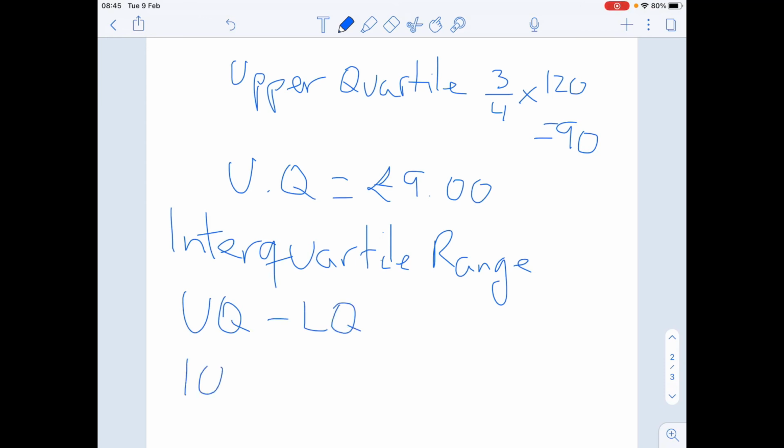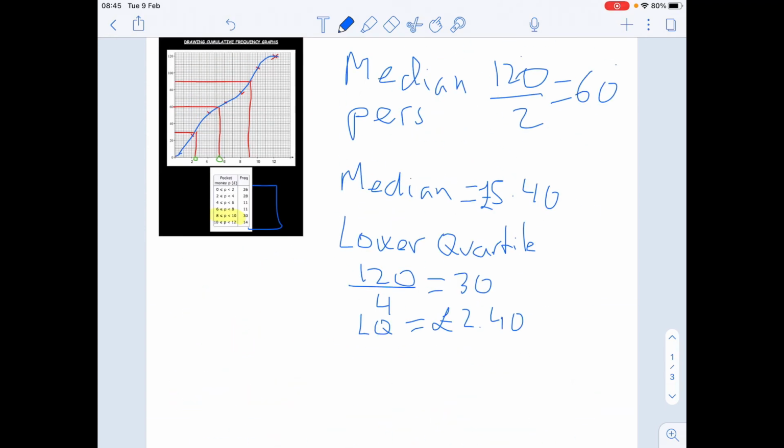The interquartile range is going to be 9 take away £2.40, which is £6.60. It's a measure of the spread between the lower quartile and the upper quartile, the middle of all my data. And that is it, really. This is how you draw cumulative frequency diagrams and extract data from them.